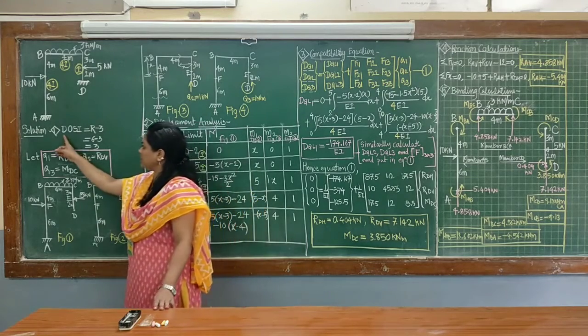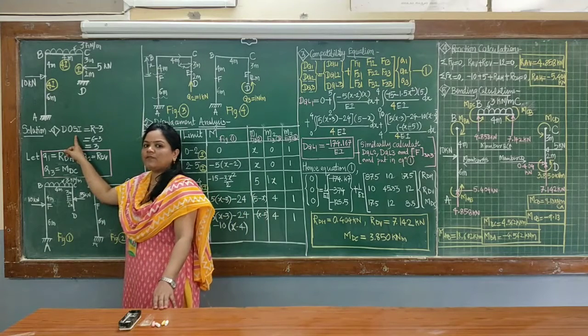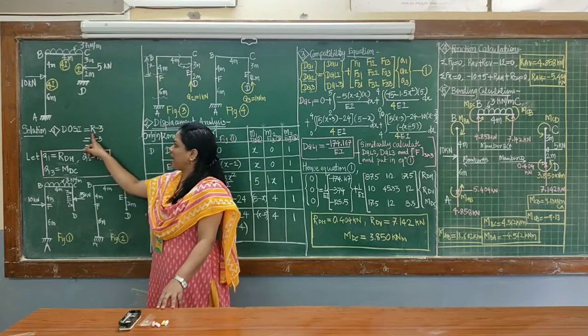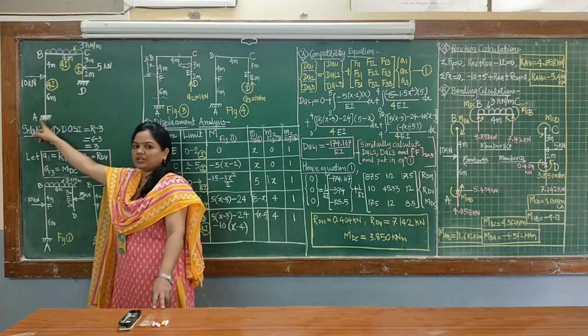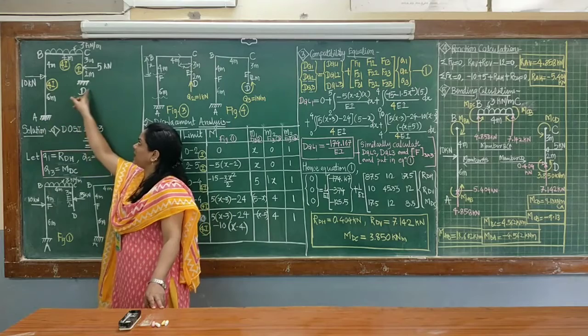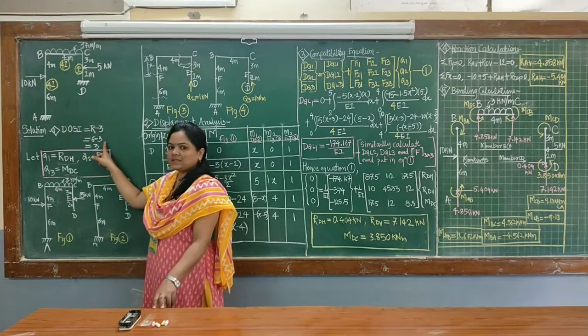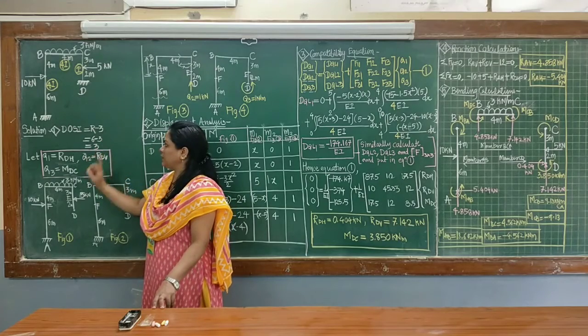So here very first step, that is to find degree of static indeterminacy, R minus 3, where R is the number of unknown reaction components. Supports A and D are fixed supports, so total number of unknowns is 6, minus 3 equilibrium equations, is equal to 3.